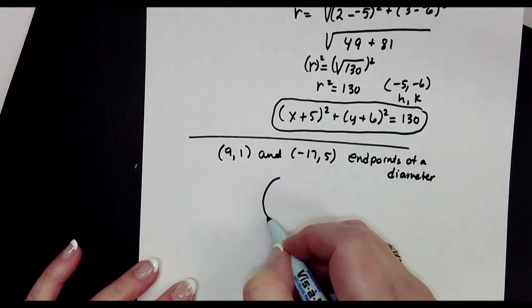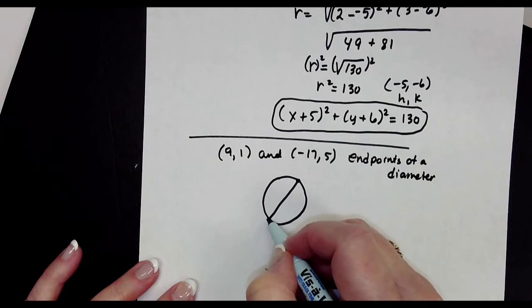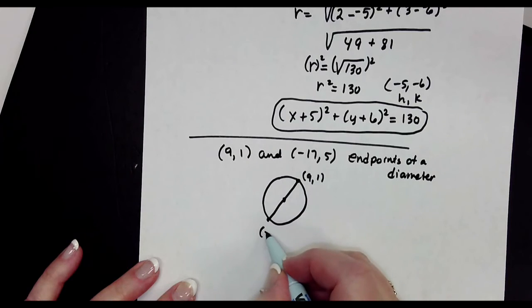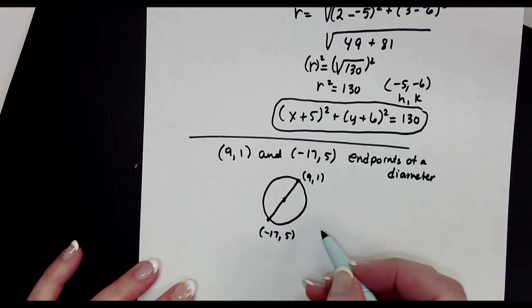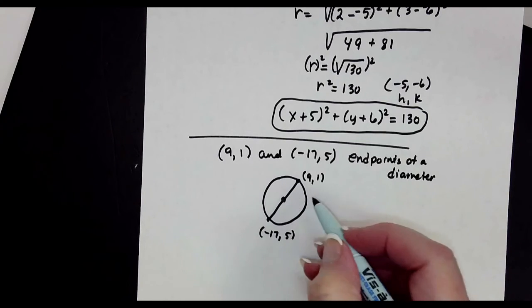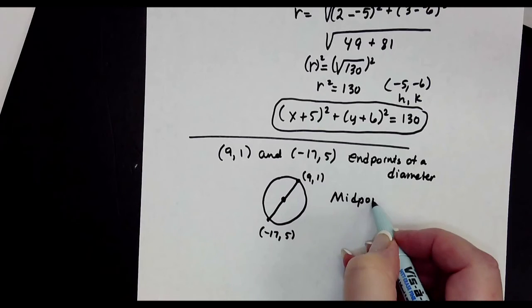So we're going to give ourselves a picture. We have a diameter which goes through the center, right? So 9, 1 and -17, 5. So how would we find this middle point? Well, midpoint. So we're going to use the midpoint this time.